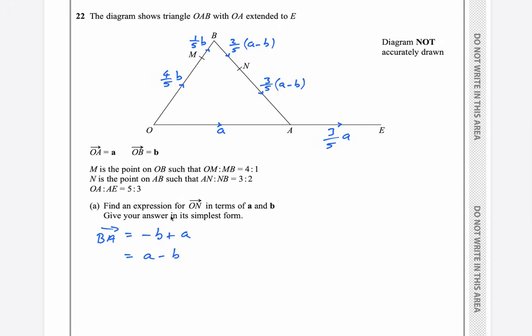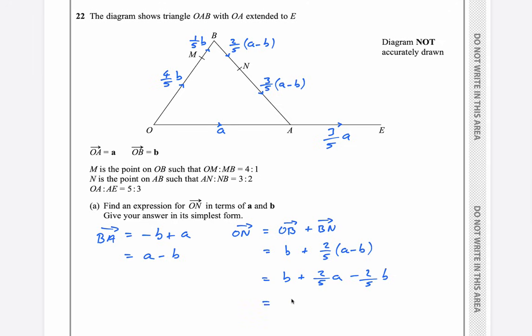Okay, so now I just need to get ON. So ON is equal to OB plus BN, which is OB is B, and BN is 2/5 of this, 2/5 A minus B, which is B plus 2/5 A minus 2/5 B, which is 3/5.